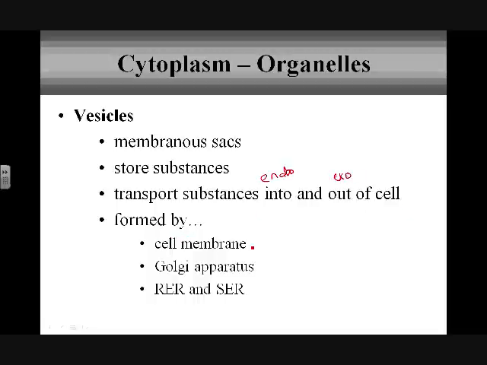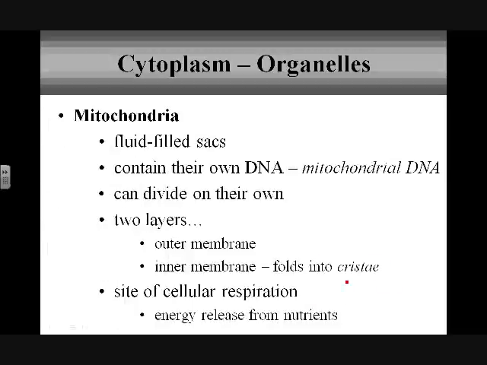Vesicles can be formed by the cell membrane, which would be an example during endocytosis, by the Golgi apparatus for exocytosis or for trafficking, and can also be formed by the smooth and rough endoplasmic reticulum, which would again be trafficking, because those vesicles are going to be sent somewhere else in order for the molecules to be modified or changed or sent to where their ultimate destination is.